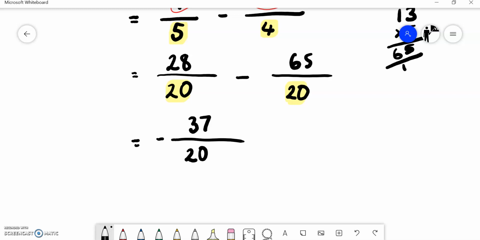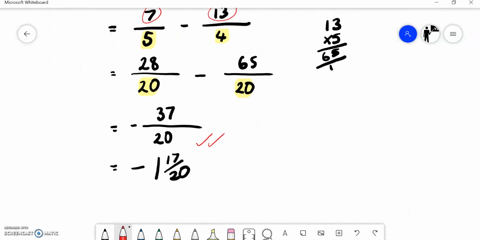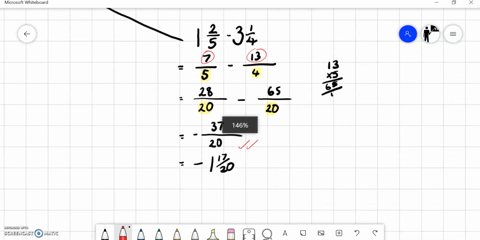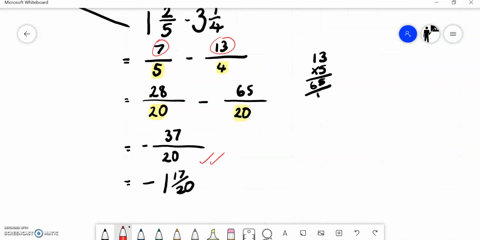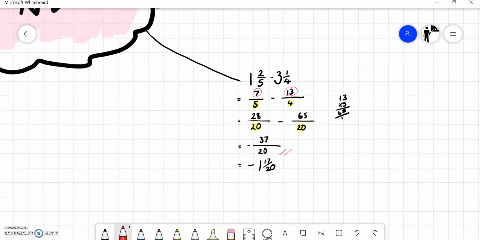I think 37 over 20. 58, yep, minus 37 over 20. If you wanted to, that could be minus 1 and 17 20ths. But this here would be absolutely fine. Okay, so once again, main idea, change to improper fractions, get the same denominator, and then proceed from there. Okay, that was example 2.